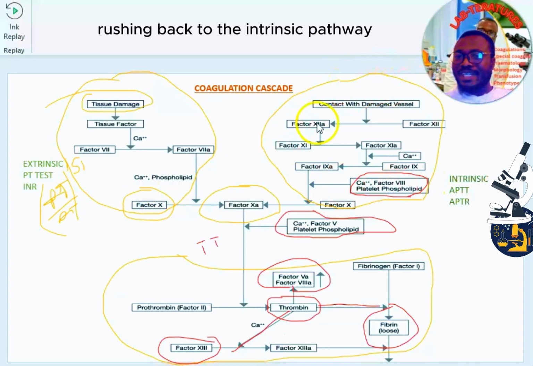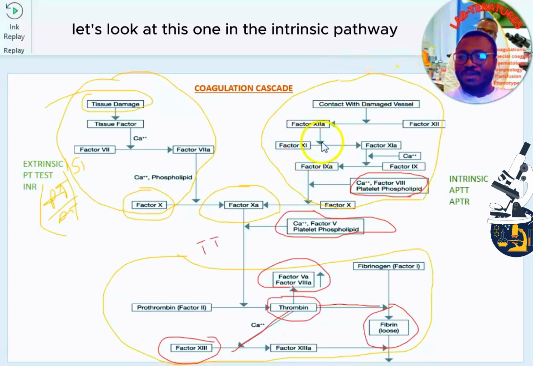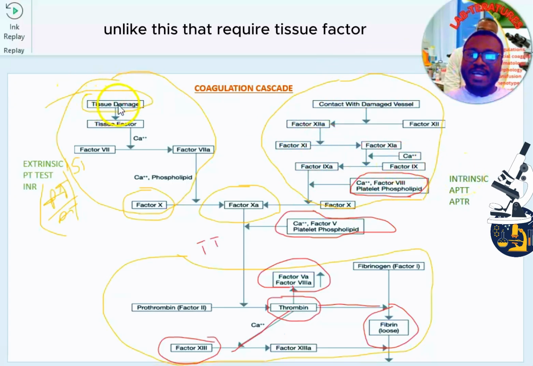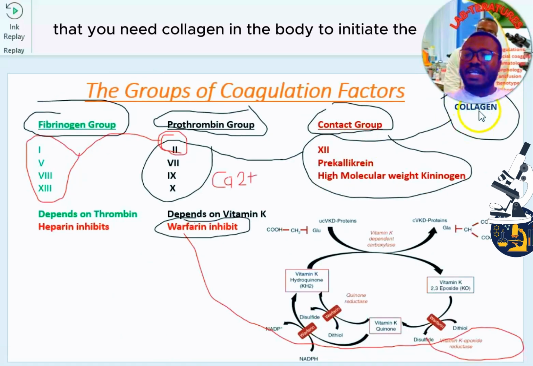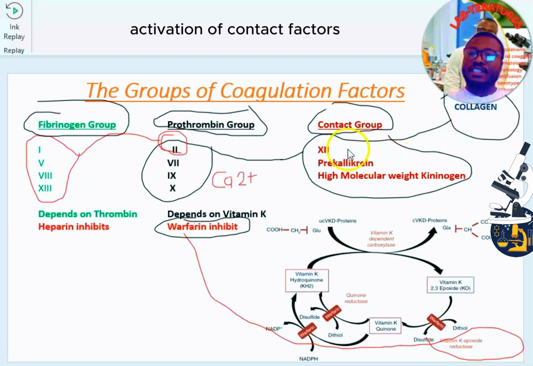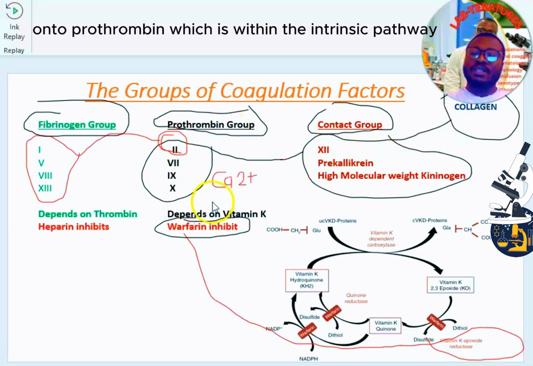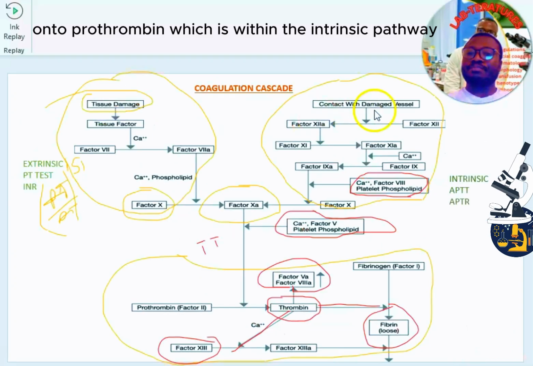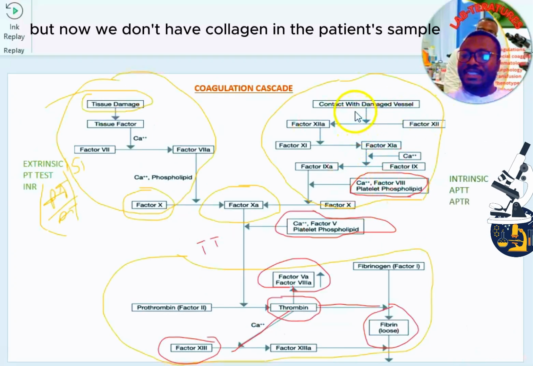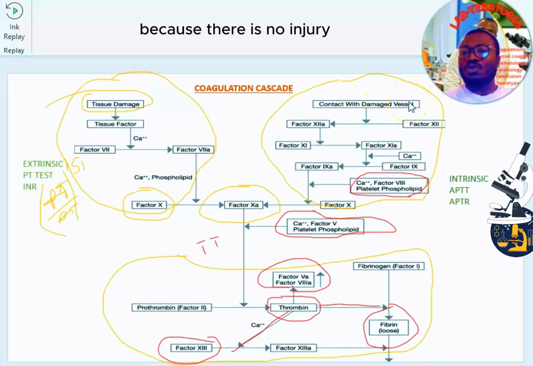Rushing back to the intrinsic pathway, let's look at this one. In the intrinsic pathway, unlike this that requires tissue factor, I told you from this side that you need collagen in the body to initiate the activation of contact factors, which is within the intrinsic pathway. But now we don't have collagen in the patient's sample because there is no injury.